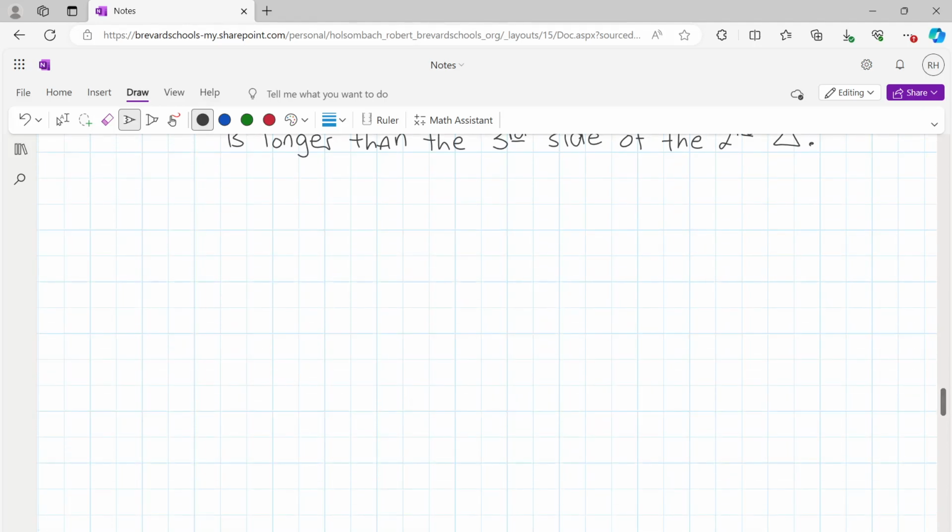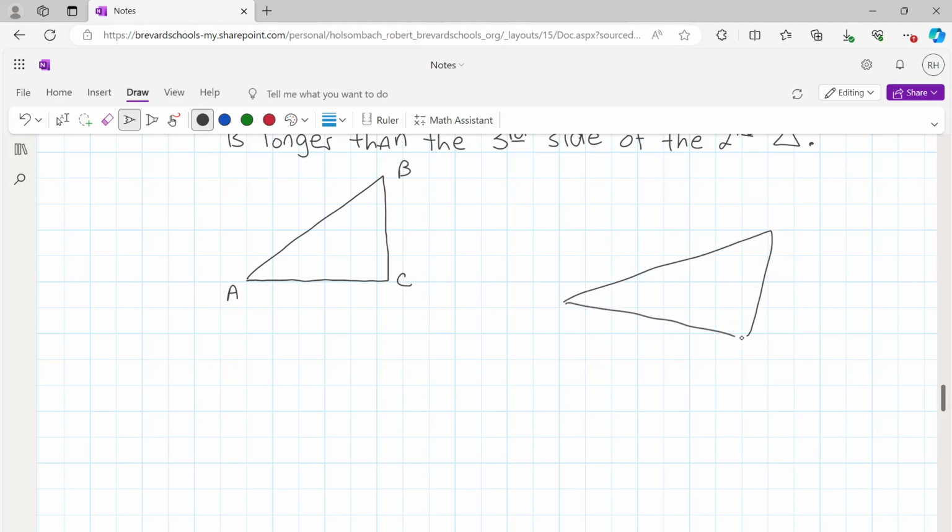We use the same two triangles that they have in the theorem. And we've got triangle ABC here, and we've got a second triangle, FGH. Now, what the theorem said is that two sides of one triangle are congruent to two sides of another triangle.